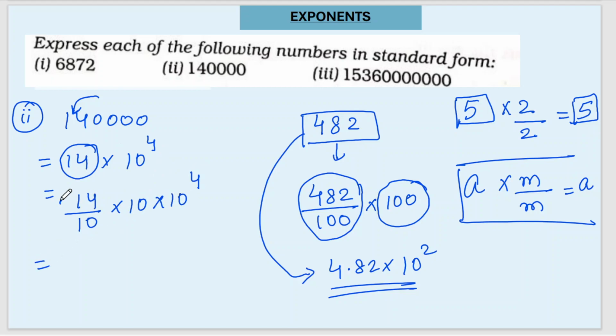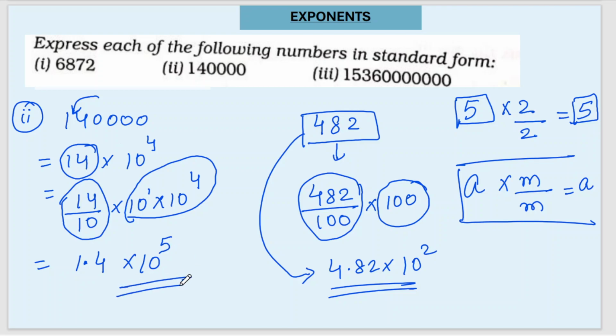So 14 by 10 can be written as 1.4 into 10 to the power 1 into 10 to the power 4. Same base, you add the power, so it is 10 to the power 5. So you get the answer. This is a very basic way by which you can solve this question.